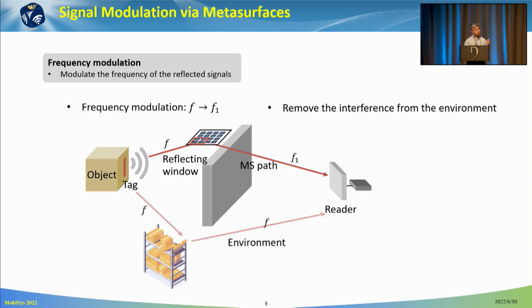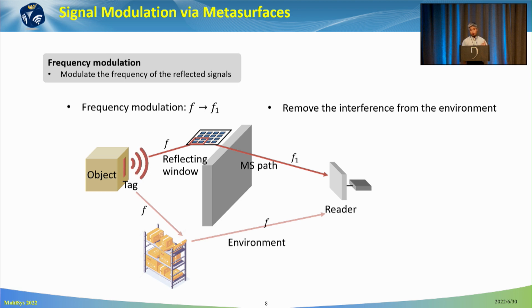For this Metasurface, we need the functionality of signal modulation. The first one is frequency modulation. We need to design a Metasurface so that the frequency of reflected signals can be changed from the original frequency, for example, F, to our desired frequency, F1.